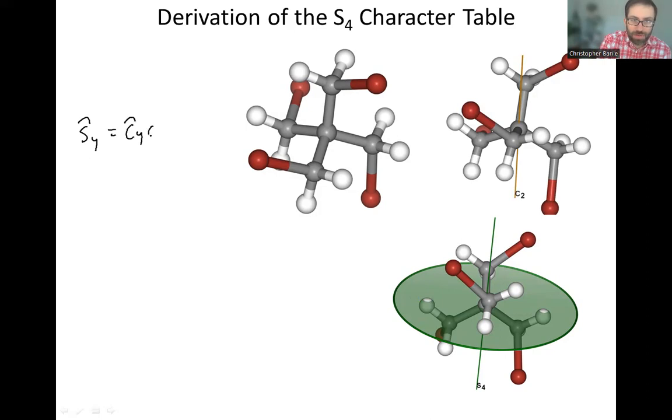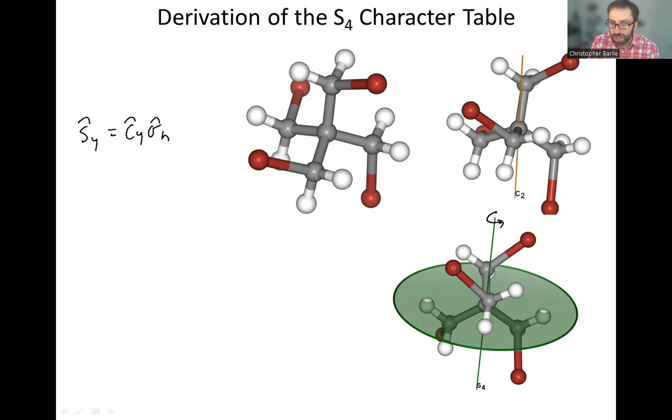It's a C4 followed by a sigma H. So that's a 90-degree rotation followed by a horizontal mirror plane, which is perpendicular to that C4. So what you're going to do here is 90 degrees along this S4 axis, and then you're going to do a mirror plane flip down to the other side.